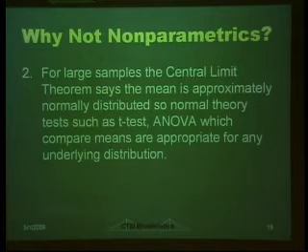So in a way, all these normal theory tests are also non-parametric tests for large samples. So I really think non-parametrics is best for small samples, and for large samples, we're probably okay using the central limit theorem.